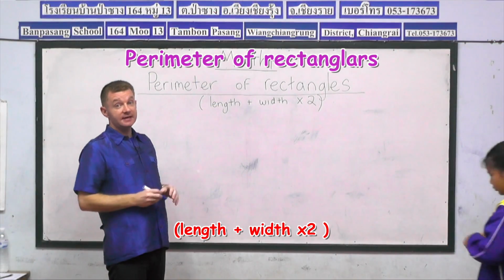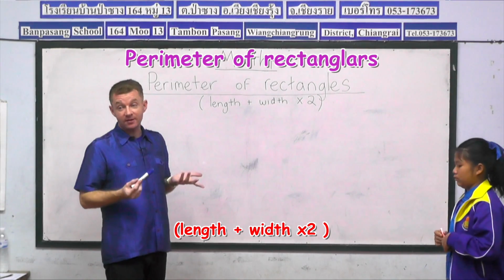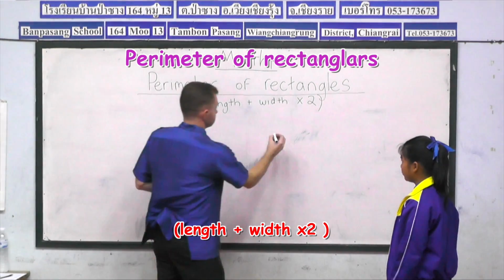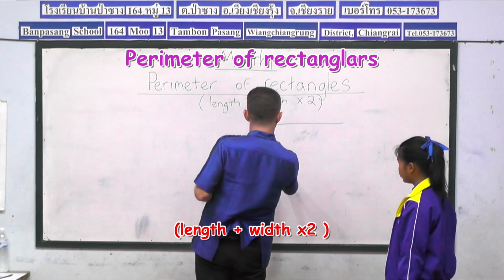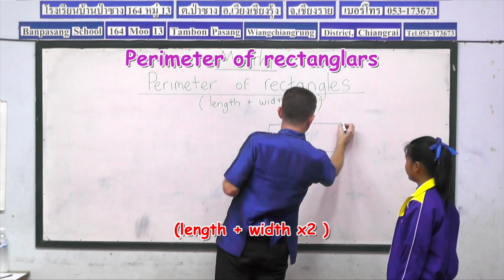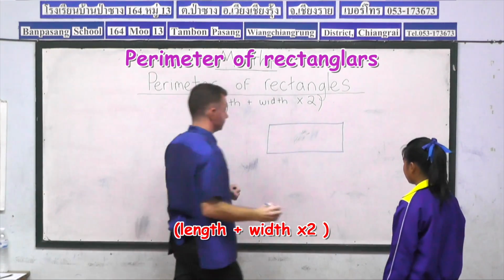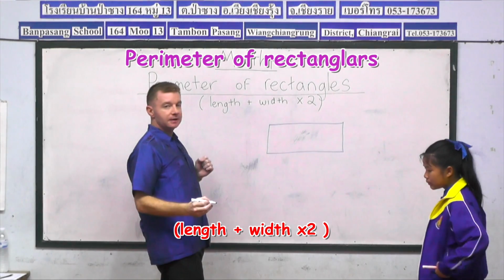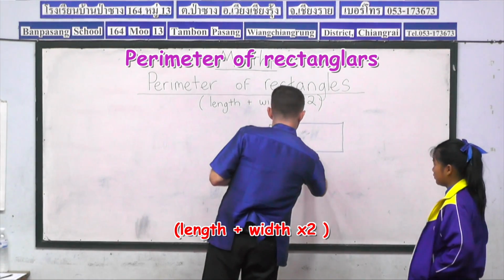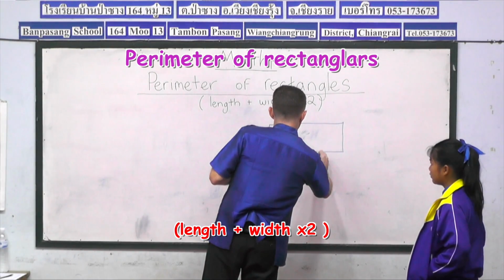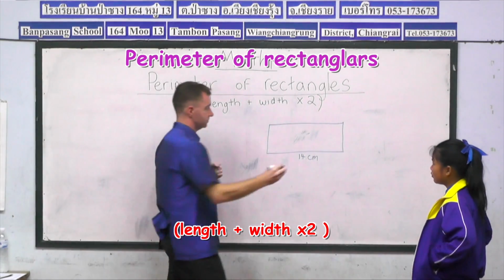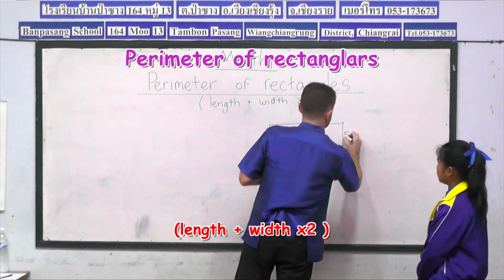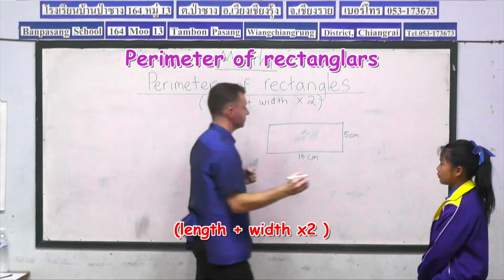Now the first thing we need to work out the perimeter of a rectangle is a rectangle. So let's see. Have a rectangle like this. Okay, so we'll say the length of the rectangle is 14 centimeters and the width 5 centimeters.